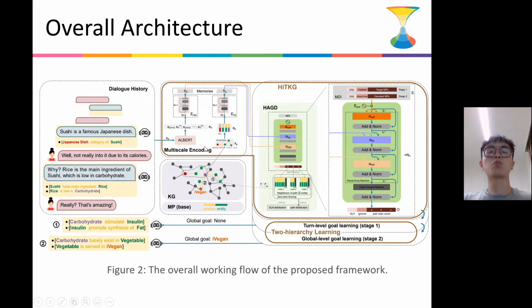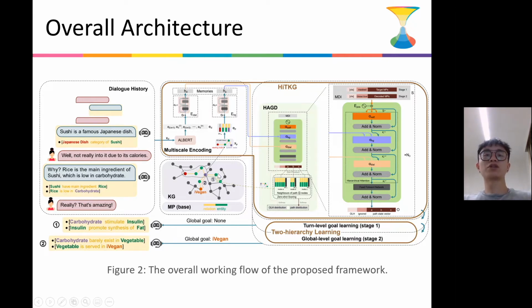So this is the overall workflow of the proposed framework. As I just mentioned, we have two kinds of inputs: the dialogue history and the knowledge graph history. The dialogue history is the conversation history between the human and the agent, like these utterances shown in this box.